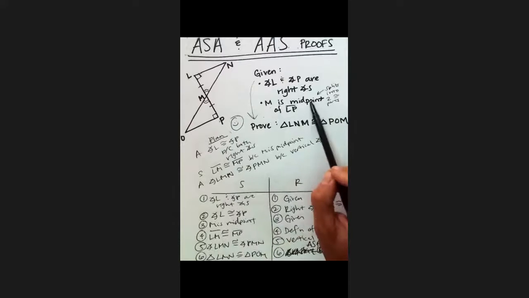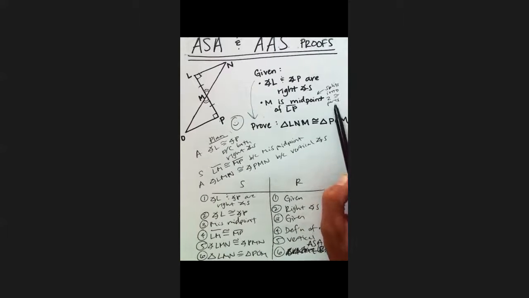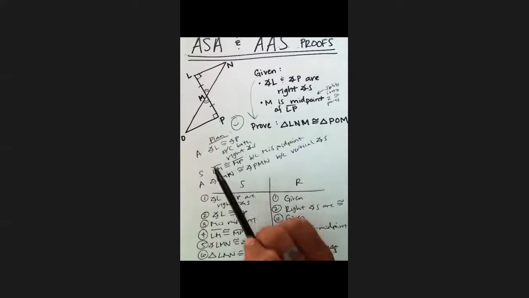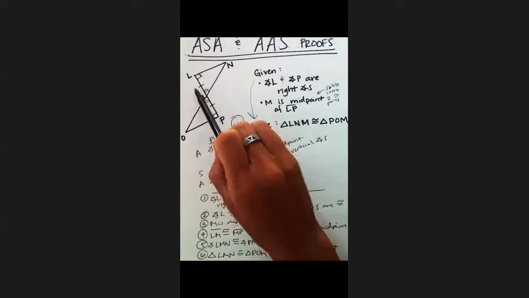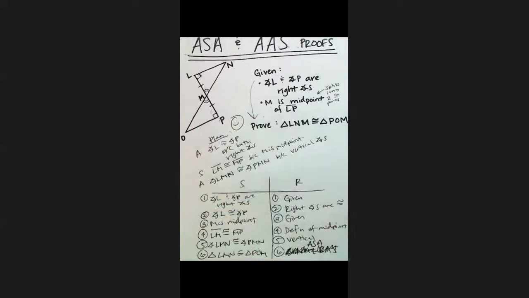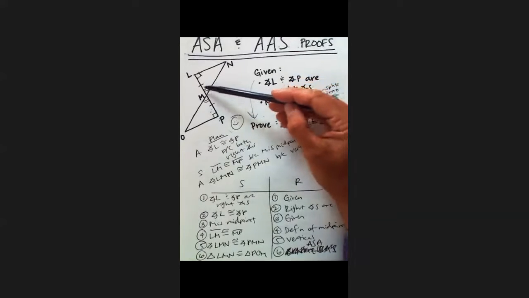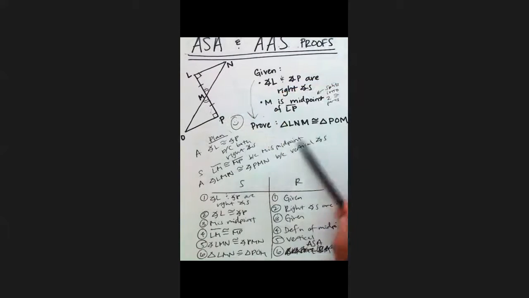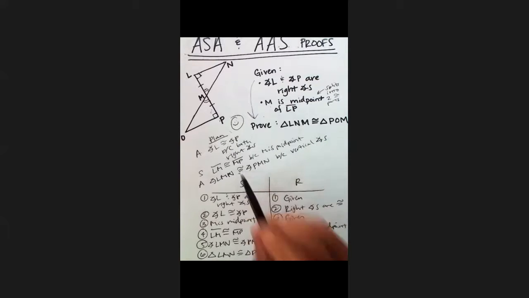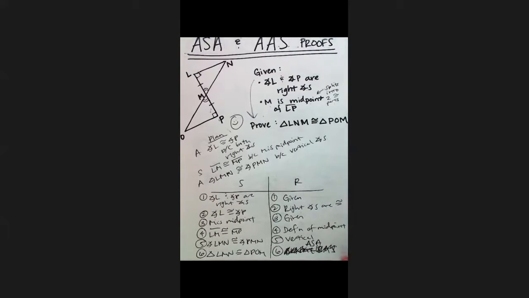So just remember that a midpoint splits those two parts into equal. So it splits those two into equal value. In this case, it was LM and MP. And then we finally looked back at our picture, saw that we had vertical angles. And remember that vertical angles makes those two angles congruent to each other. So we were finally able to prove that these two triangles were congruent due to angle, side, angle.